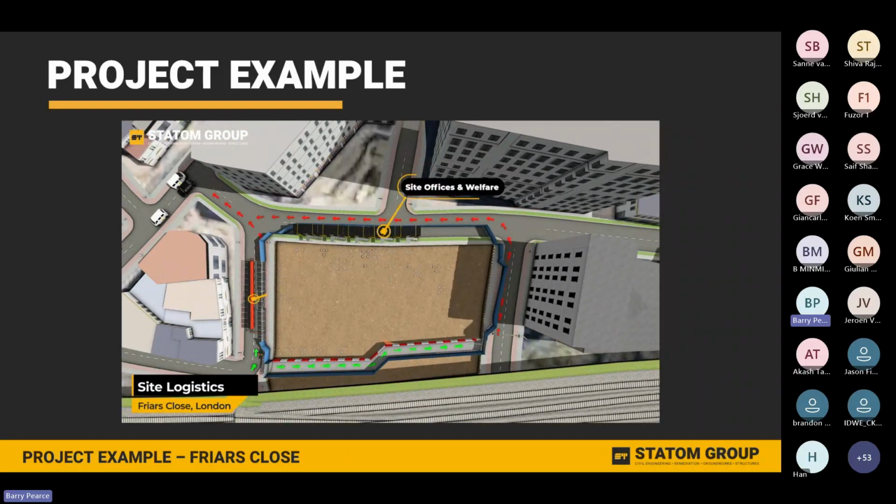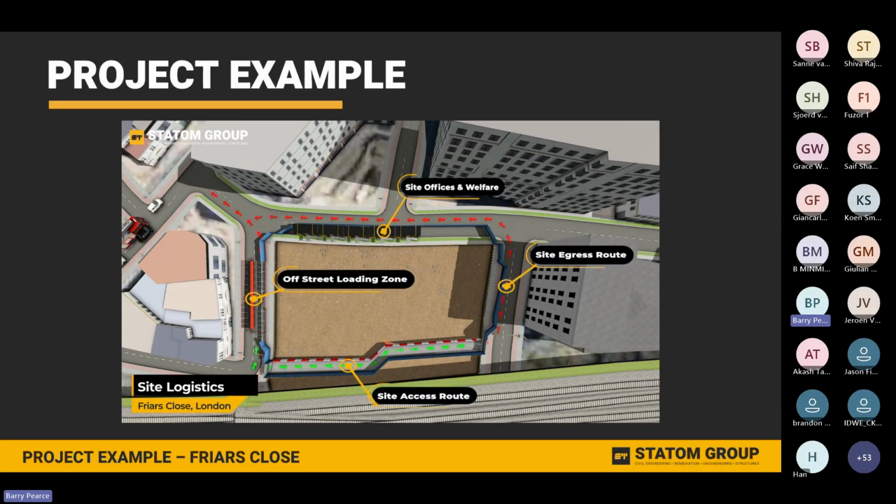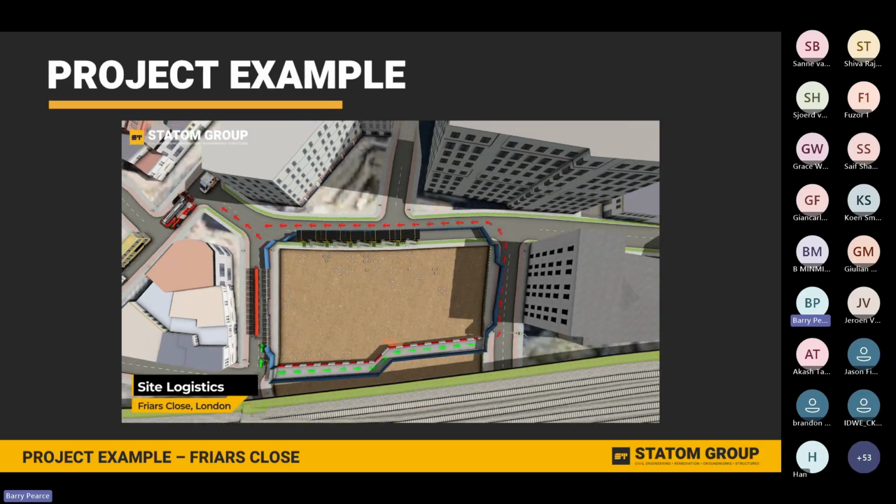So by using Fuzor for the site logistics here, we're able to show where we're going to put the site offices, where we can have some loading bays, the site access and egress.